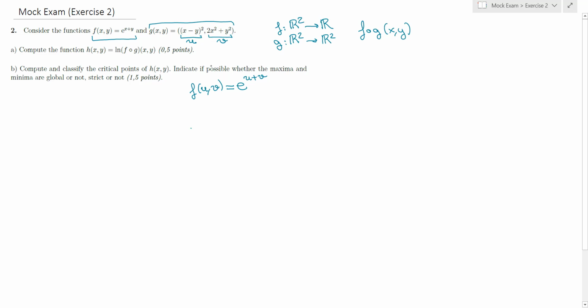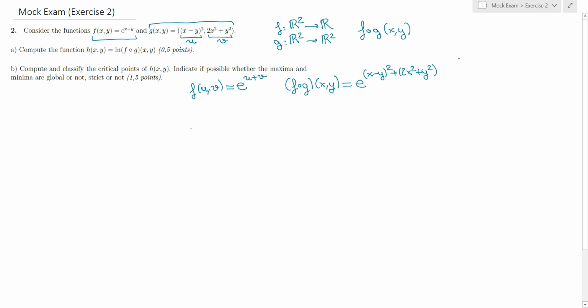So now, U in this composite function turns out to be X minus Y squared. So this is X minus Y squared plus, and V, what is V? Is 2X squared plus Y squared.